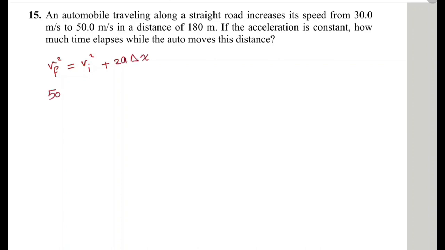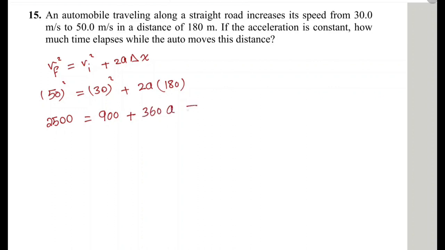So 50 square, the final velocity, equal to 30 square, the initial one, plus 2a, and the displacement is 180 minus 0, so 180 here. 2500 equal to 900 plus 360 a, and a in this case is equal to 4.44 meters per second square.